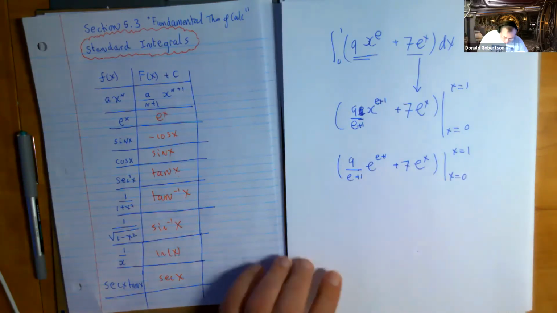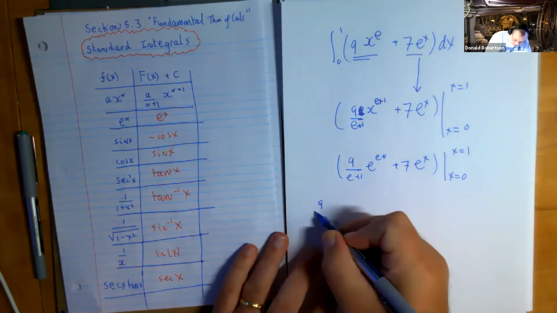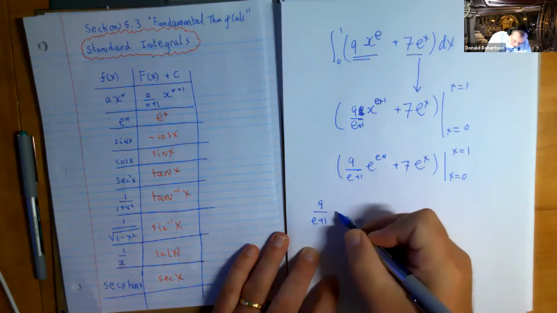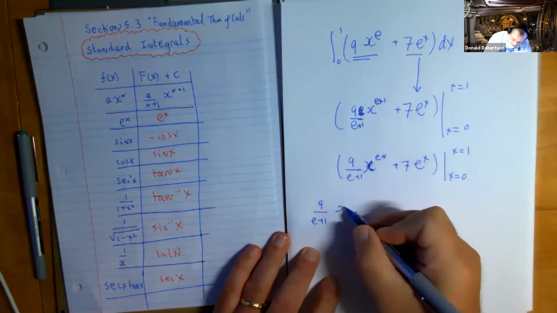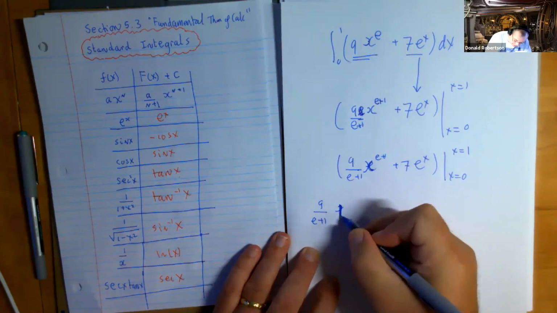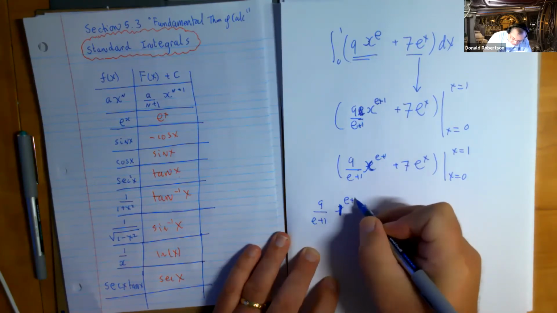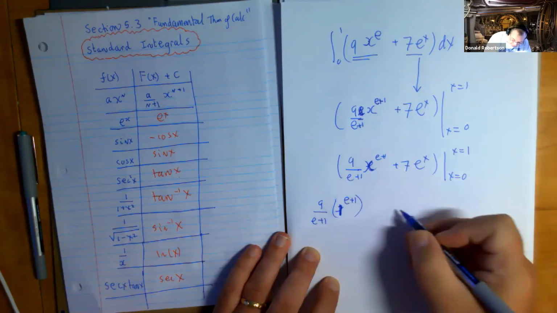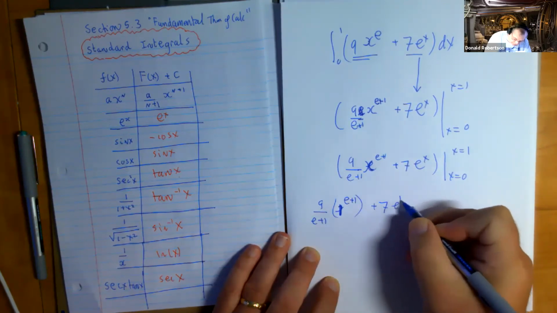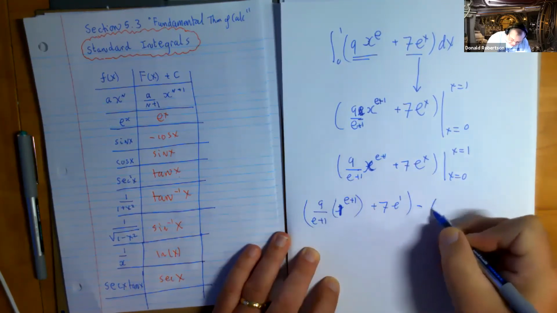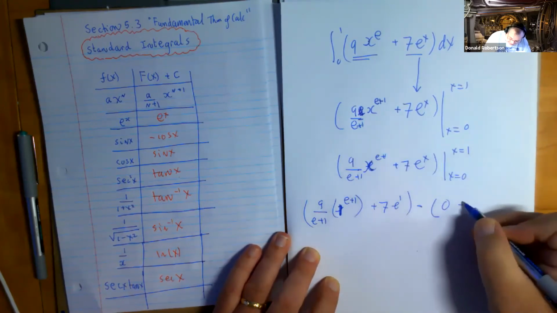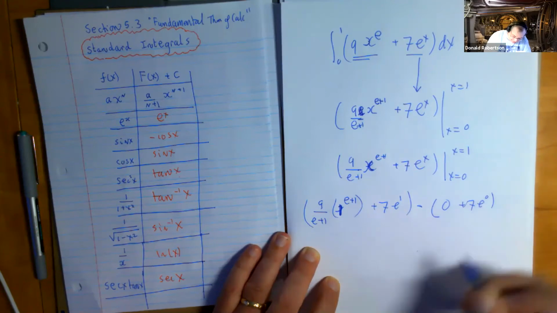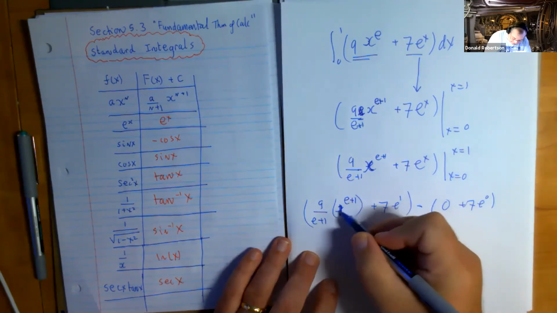Now you plug in 1 here, you'll get 9 over e plus 1, 1 to the power of e plus 1, a bit weird, 7e to the 1. If you plug in 0, well, I don't care what that is, you just get 0, and here you get 7e to the 0. 1 to the power of anything is just 1.